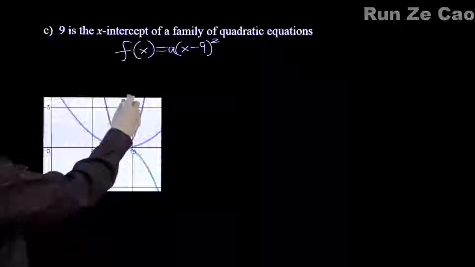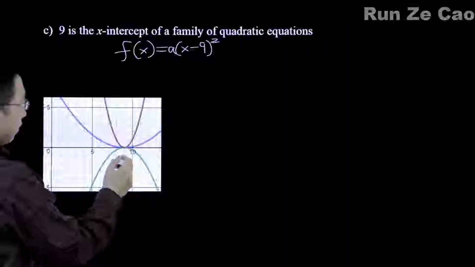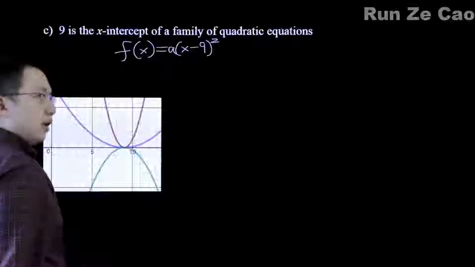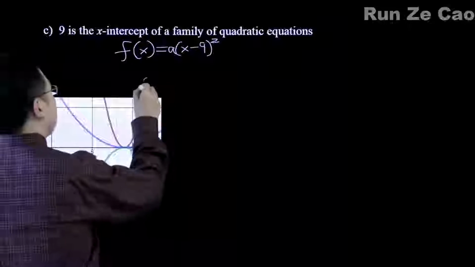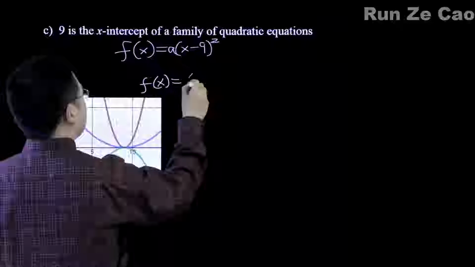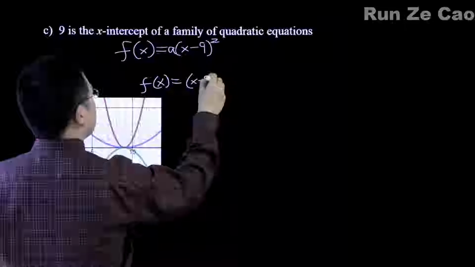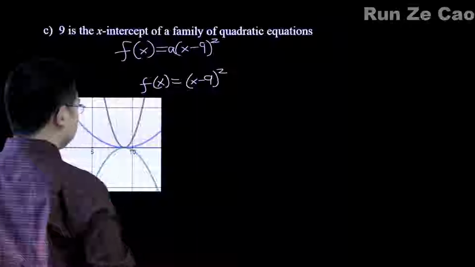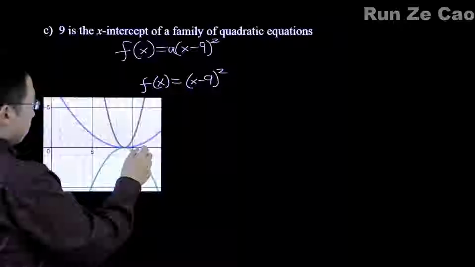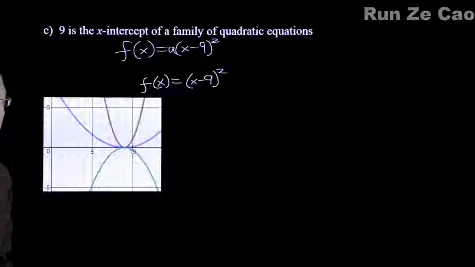In this case, in this red line's case, we go 1 grid over and we end up 1 grid up. 2 grids over, 4 grids up. This is most likely f of x equals (x - 9) squared. And for this one, we go 3 grids over and we go almost 1 grid up.